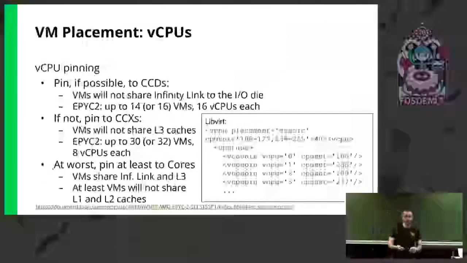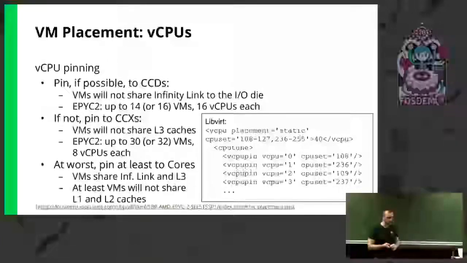Then, as I said, pinning the vCPUs, we want to do that, and we do that in libvirt like this. And if possible, as I was already touching on before, you want to pin the vCPUs of the VMs in such a way that you pin to the CCDs.